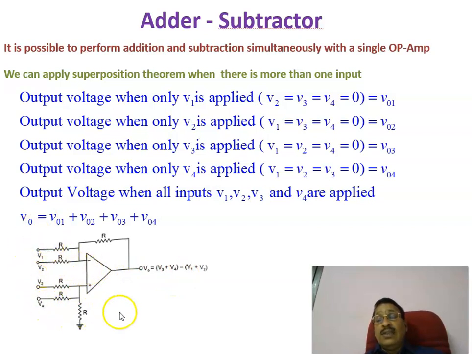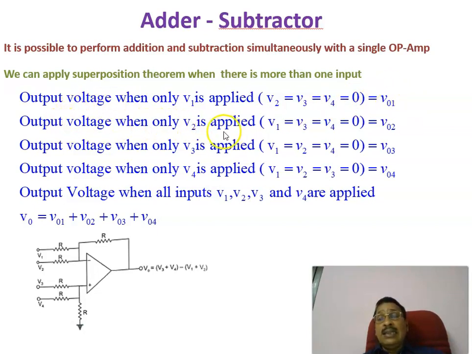First we assume that V1 is present, and what is the corresponding output voltage? The output voltage when V1 is applied, we make V2, V3 and V4 all grounded, and the corresponding output voltage equals V01.